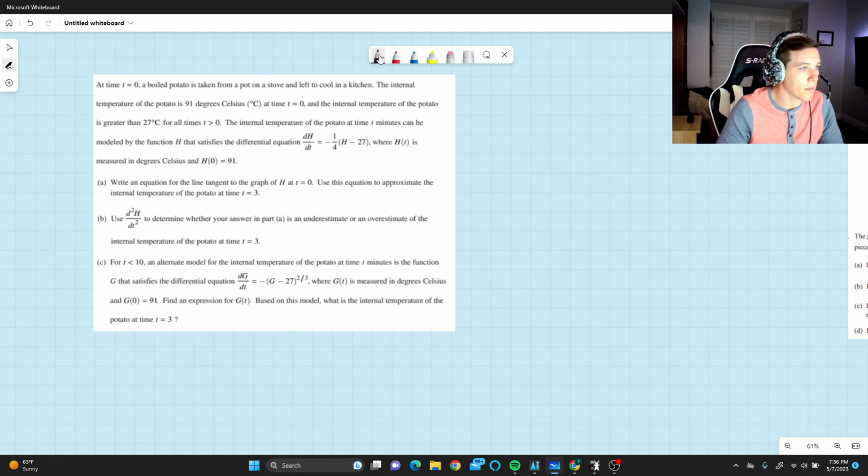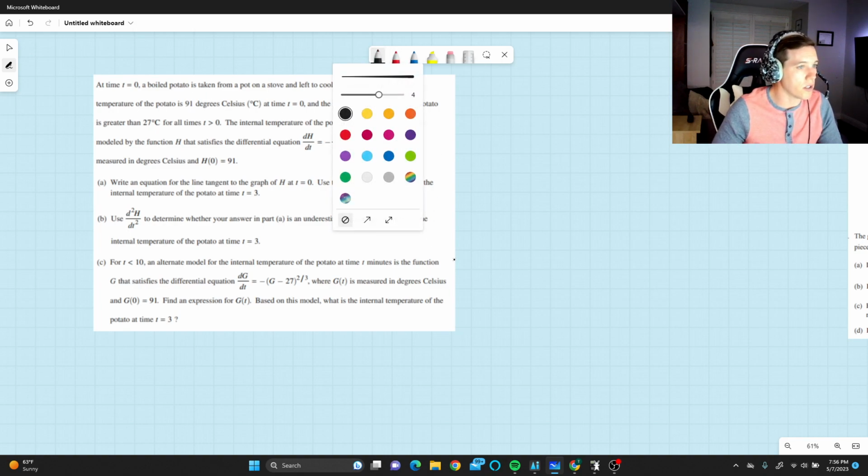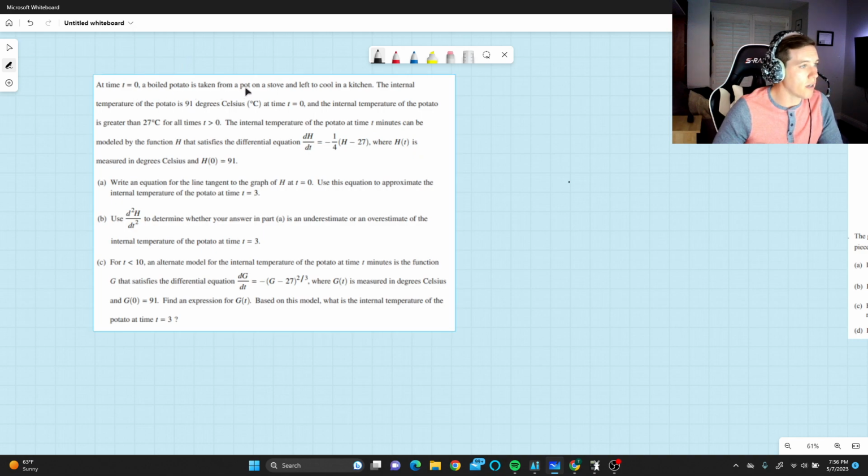All right, so first things first, at t equals 0, boiled potatoes are taken from a pot on a stove and left to cool in the kitchen. Cool. The internal temperature of the potato is 91 degrees, so that's our initial condition. And the internal temperature of the potato is greater than 27 degrees always. Okay, so that's actually pretty important.